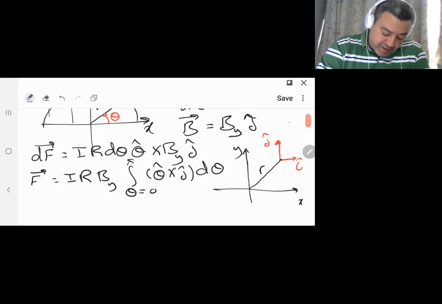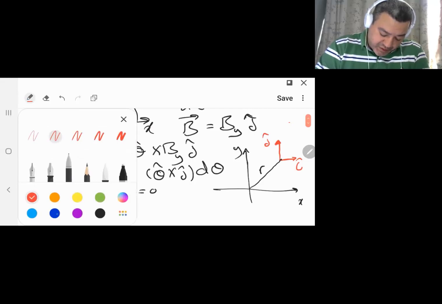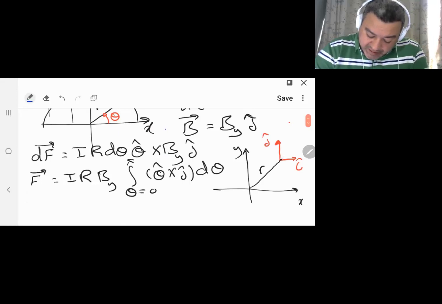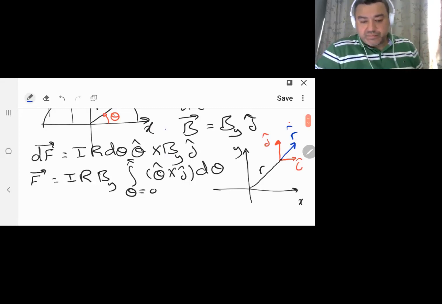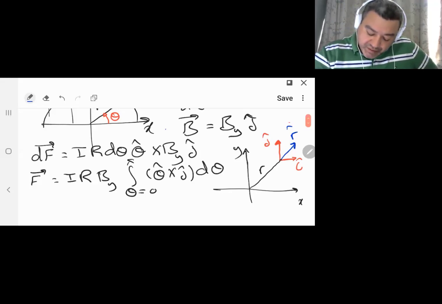However, if I go to polar coordinates, I have r hat along the vector r, and due to the circular motion here, I will also have a vector called theta hat.